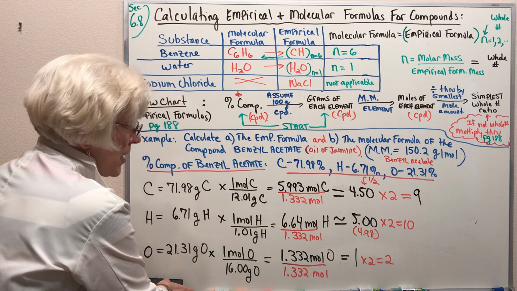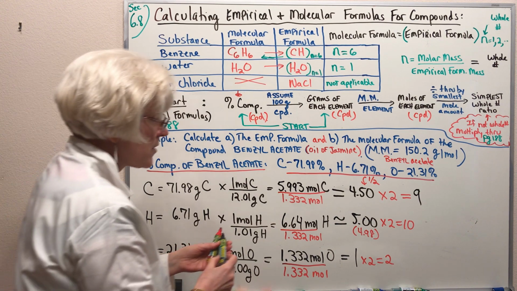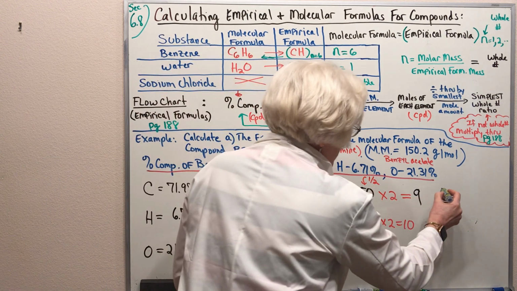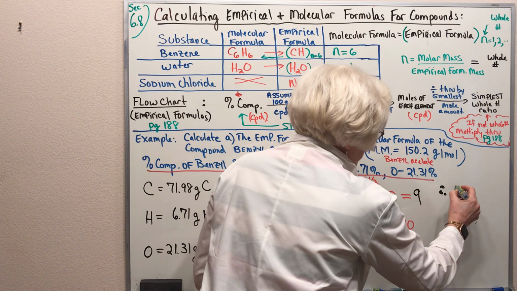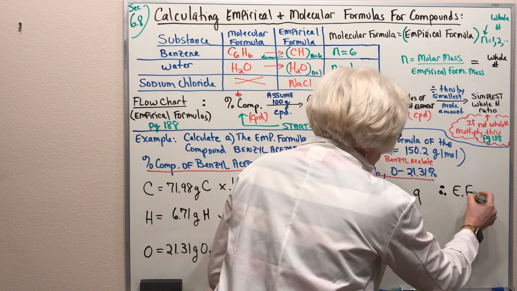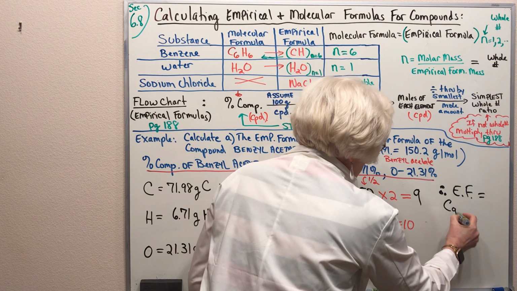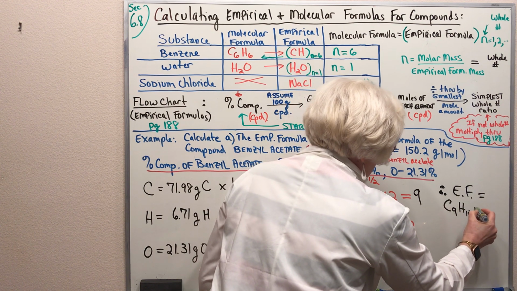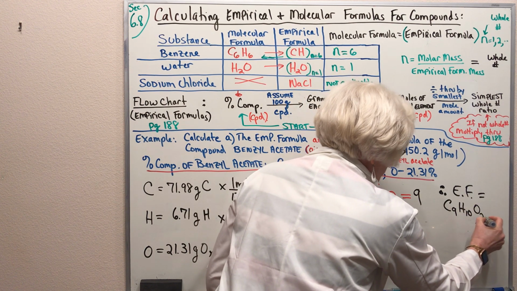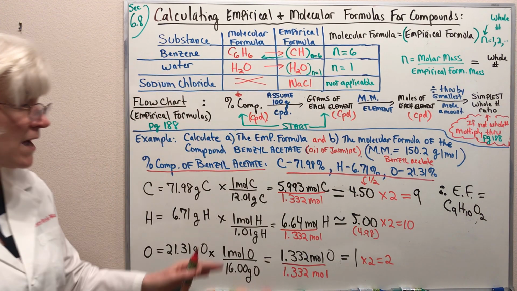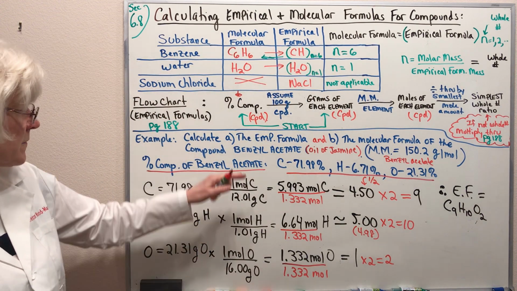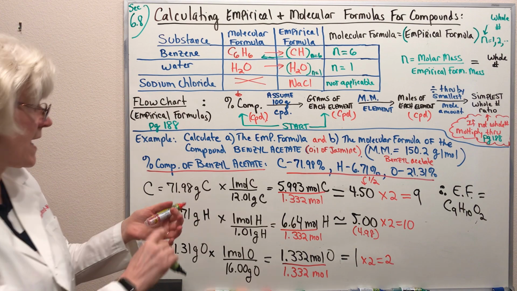So I now know that the empirical formula of the compound, therefore the empirical formula equals C9H10O2. I have calculated the empirical formula of benzyl acetate.